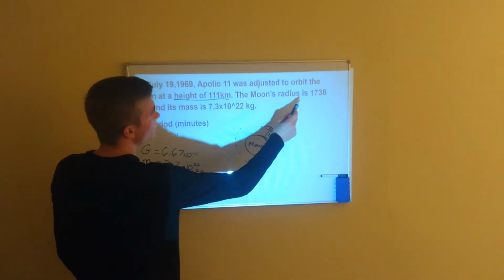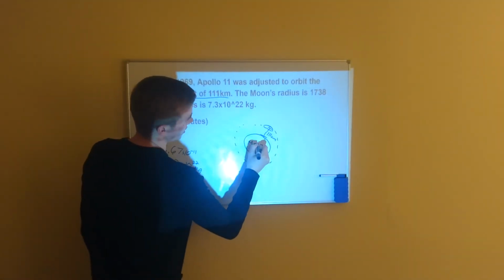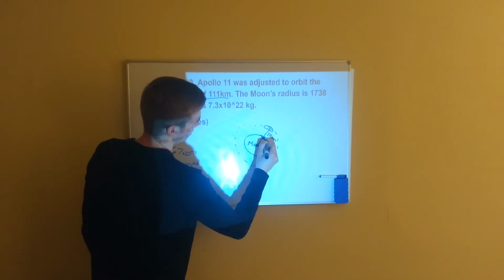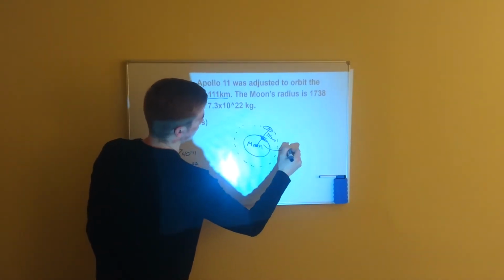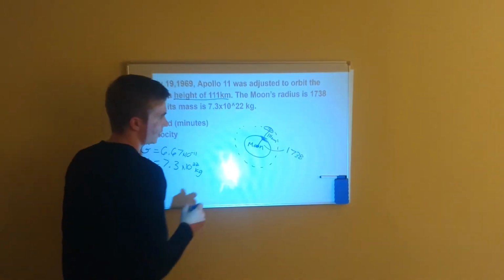When they say the moon's radius is 1,738, they're saying from the center of the moon to here, this is 1,738. Okay?